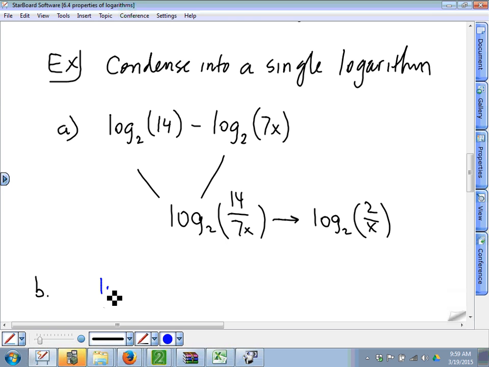Okay, try this one. Log base 2 of 28 minus log base 2 of 7.